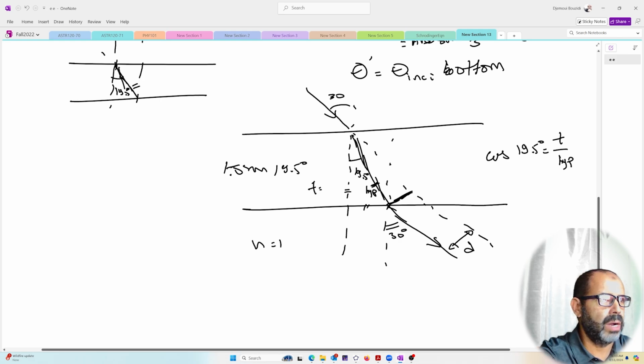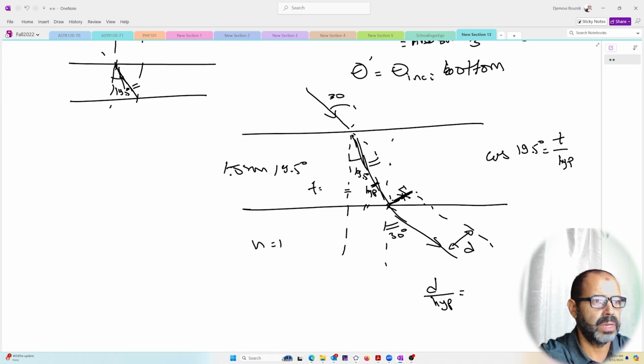And in this geometry in here, we have D divided by the same hypotenuse. This is a normal. It will give me the sine of the difference between 30 and 19.5 degrees. So again, D divided by the same hypotenuse, which we don't know, but we can pull it from this equation here because we have the thickness, we have cosine of 19.5 degrees, and so we should be able to find it.